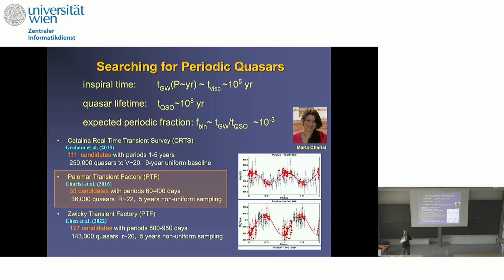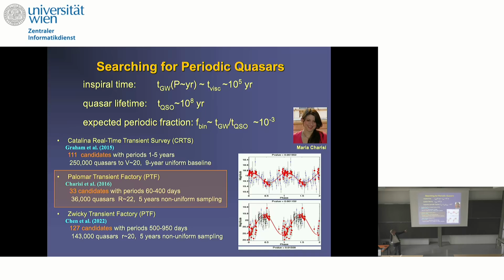All of these shallow surveys have data which probe, let's say, from weeks cadence to years, and go on for 10 or 15 years. So you can look for variability.